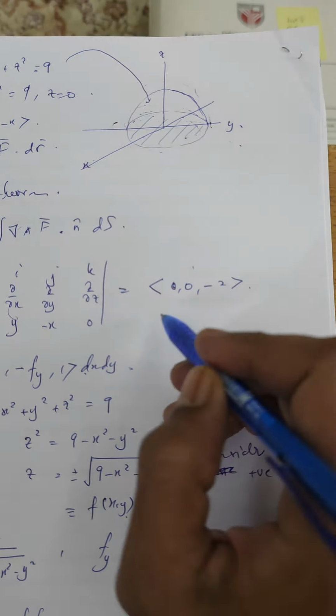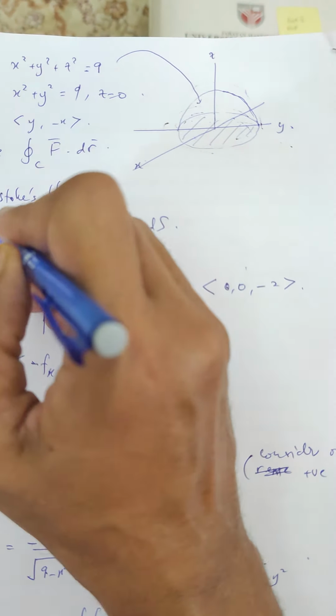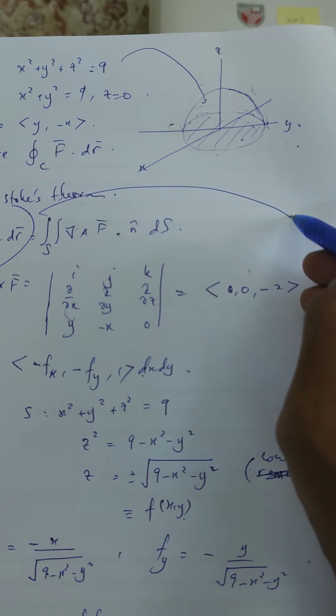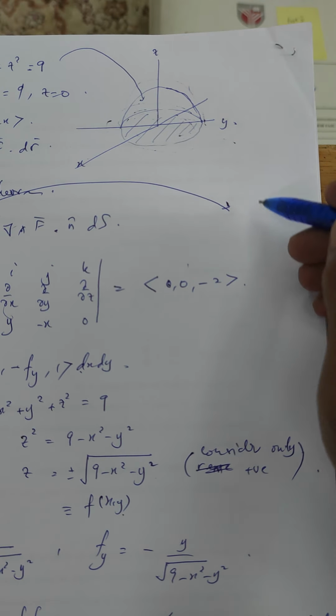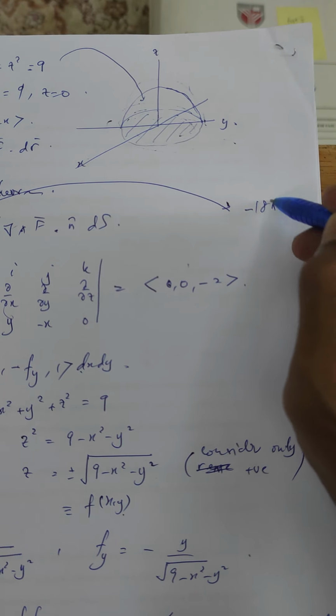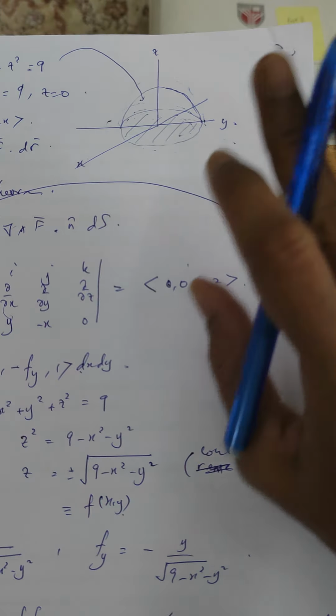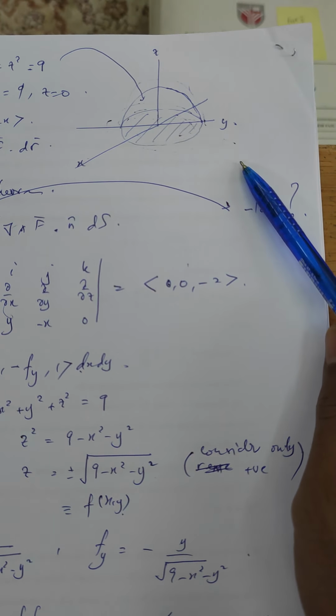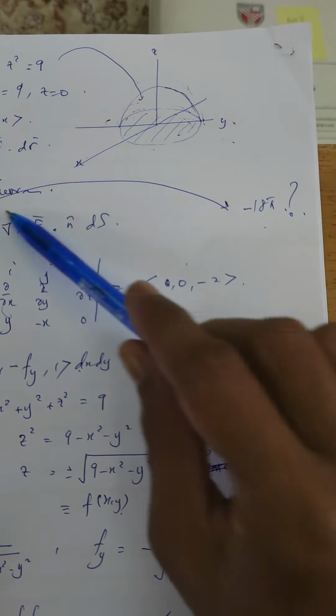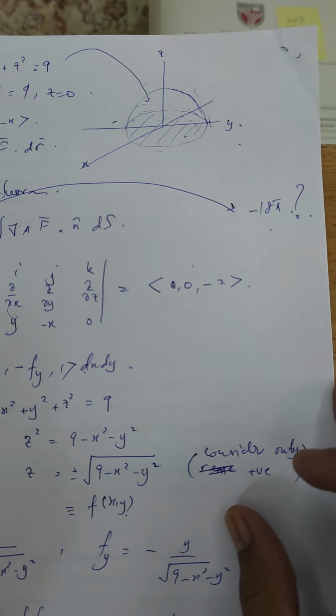So if you evaluate this, you also get minus 18 pi. Can you do this? I just leave it to you to solve. You need to find what your arc is.